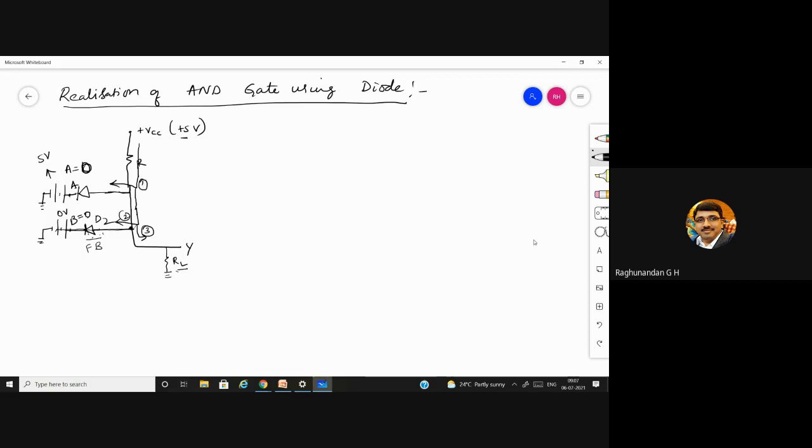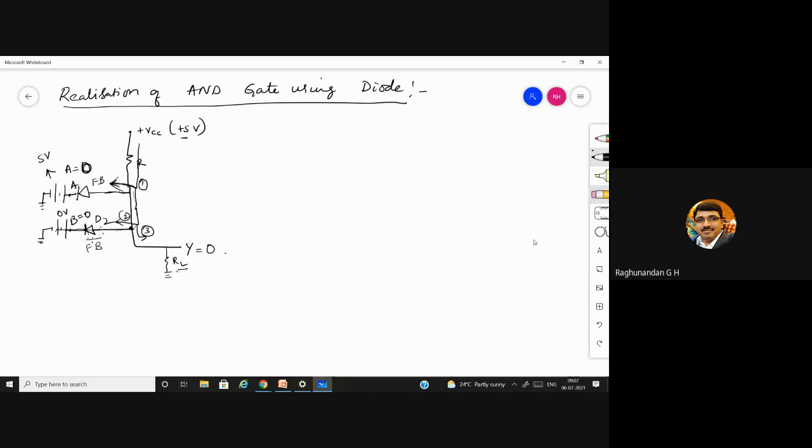Which option will it choose? D1 will be in forward bias, so it will flow through it. And D2 will also be in forward bias condition because this is also 0 volt. When both the diodes are in forward bias condition, the current is going to split among these two branches and no current will flow through the output. So output voltage will be equal to 0.